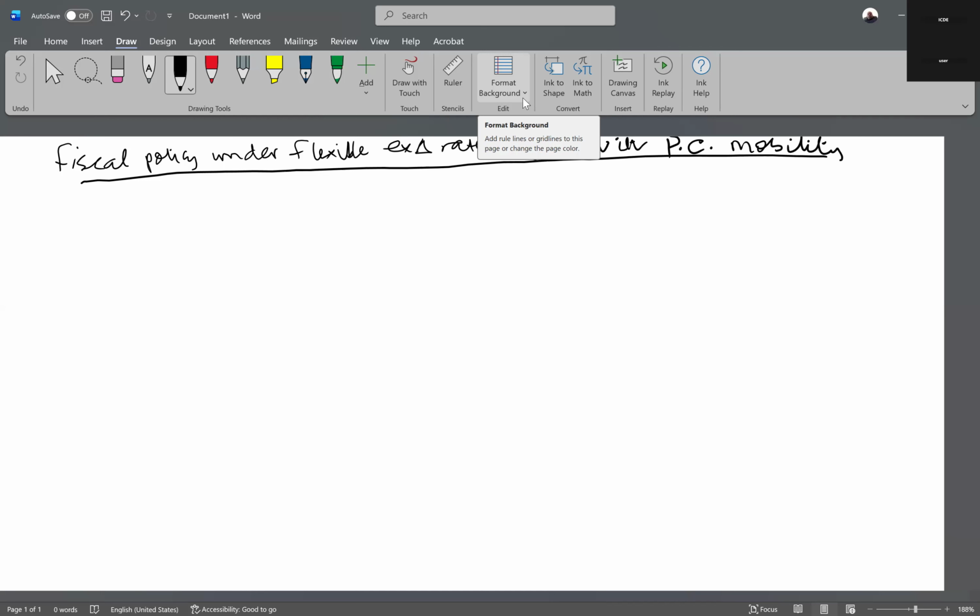Now, this is what happens. Supposing there is an imbalance or disequilibrium in the foreign exchange market, and that disequilibrium is balance of payment surplus.